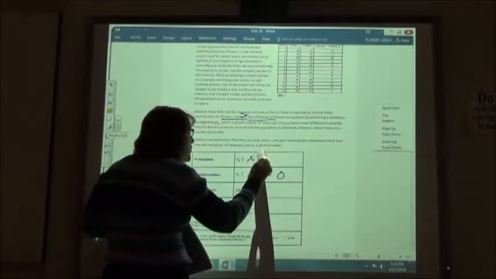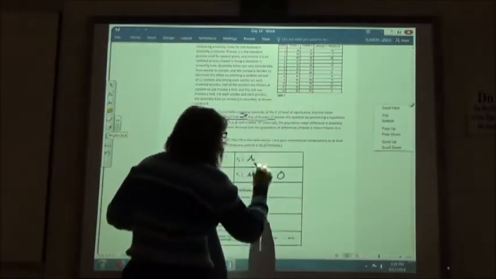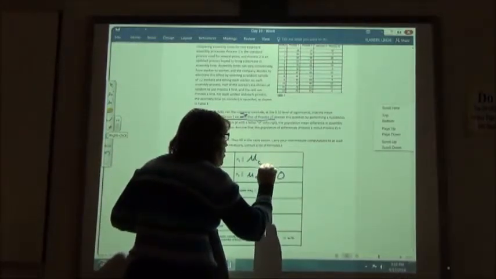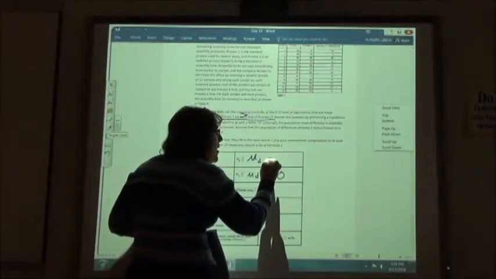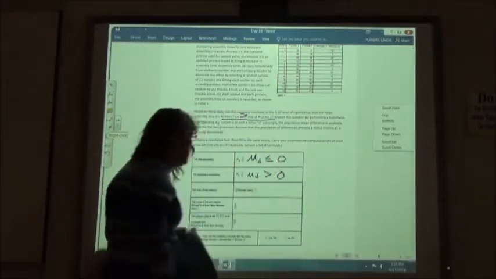It's supposed to be a subscript. My other one then, for my null, since this is a greater than, would be less than or equal to, because the null always has to have the equal to one, right? So if it exceeds, I'm doing greater than 0. If it doesn't exceed, the difference is less than or equal to 0.